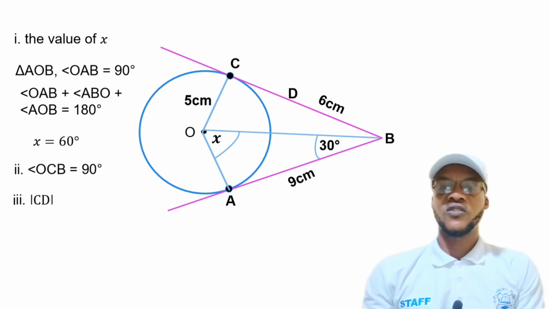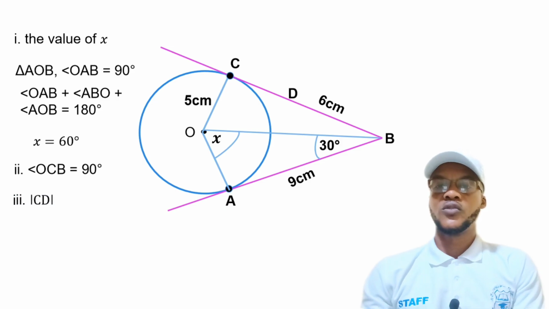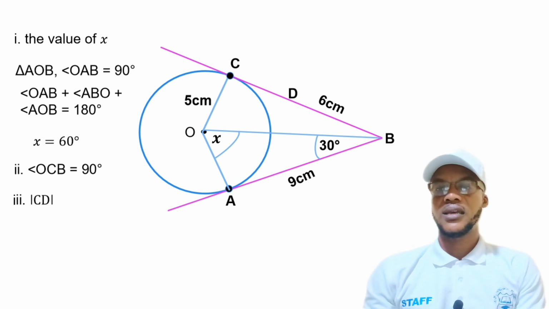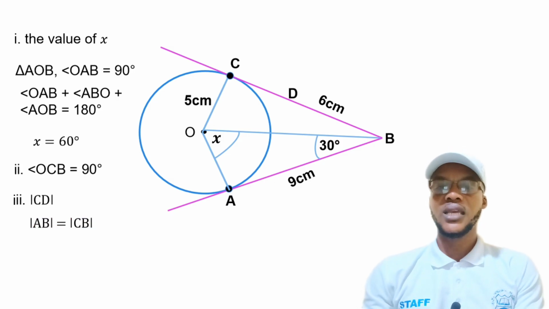Then we move on to the 3. We have to find the length of CD. We know that the principle is saying that the length of CB should be equal to the length of AB. So if we have the length of AB as 9 centimeters, then we can conclude that the length of CB is 9 centimeters. And how do you get that?